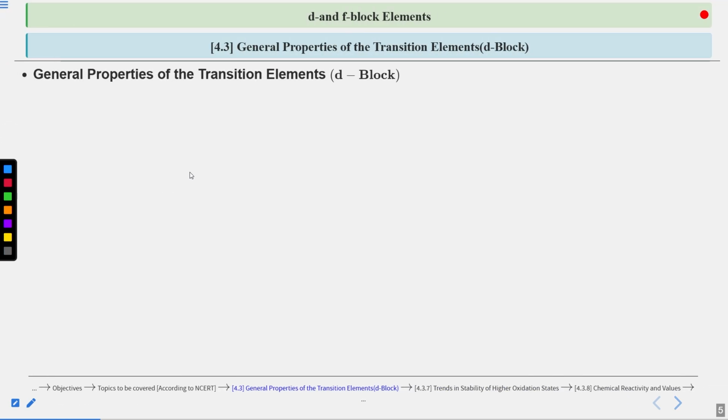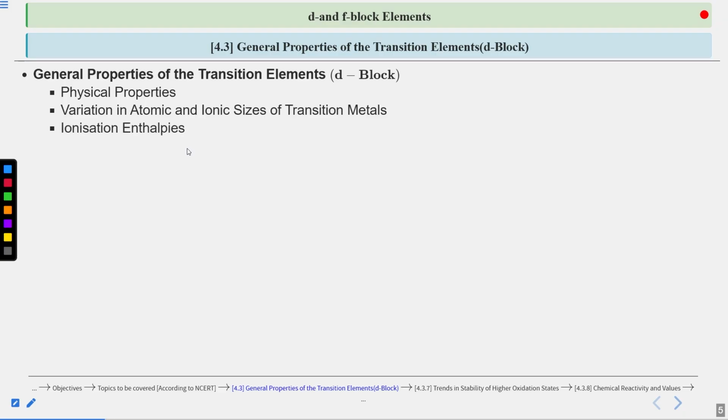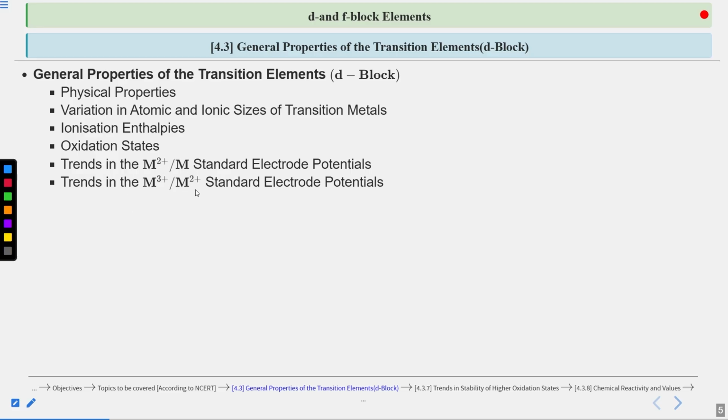The general properties of the transition elements. We have been studying the general properties of the transition elements. Previously, we covered the physical properties, variation in atomic and ionic size, ionization enthalpies, oxidation states, trends in the M2+/M standard electrode potentials, and trends in the M3+/M2+ standard electrode potentials.